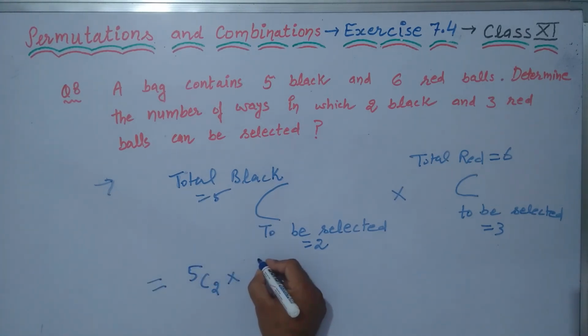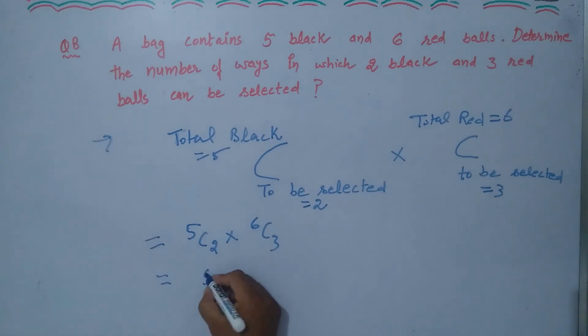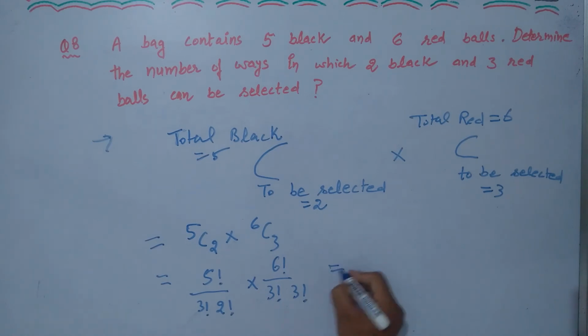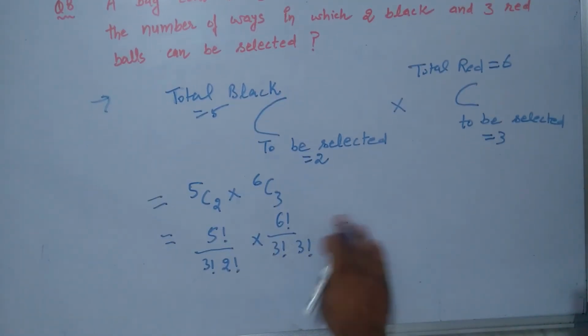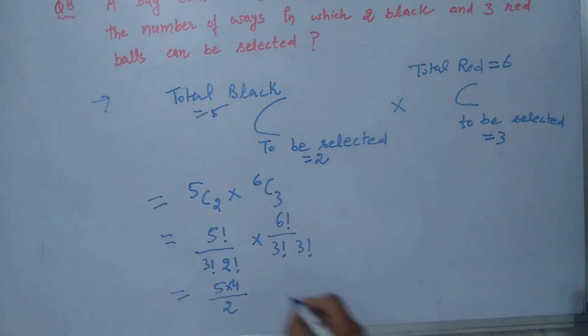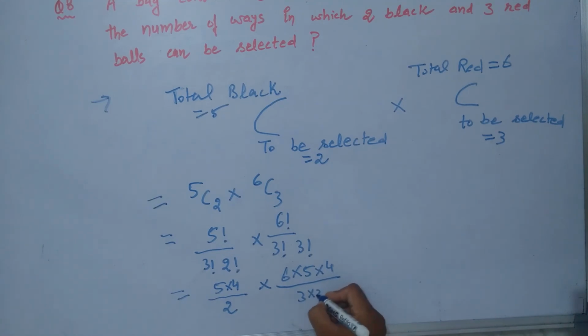5C2 into 6C3, which becomes 5C2 means 5 factorial divided by 5 minus 2, 3 factorial into 2 factorial, into 6 factorial divided by 6 minus 3, 3 factorial into 3 factorial, which is equal to 5 into 4, 3 factorial will get cancelled, upon 2, into 6 into 5 into 4, 3 factorial cancelled upon this 3 factorial, meaning 3 into 2.